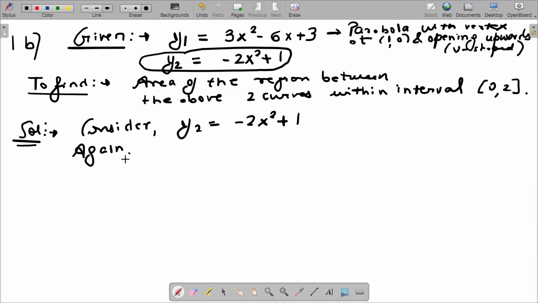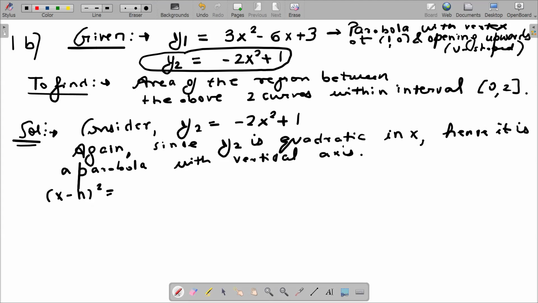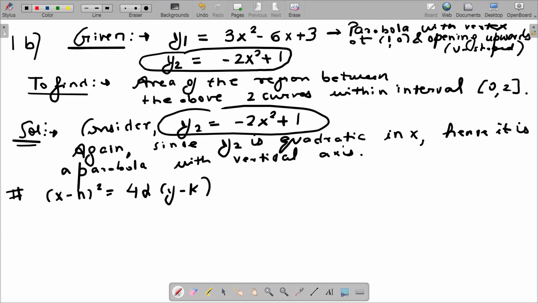Again, since y2 is quadratic in x, hence it is a parabola with vertical axis. Okay, again, recall this from my MME 1 course. Now again, what's the general form? X minus h square is equal to 4 alpha times y minus k. So can I try and convert this to this form? Okay, I can do that.